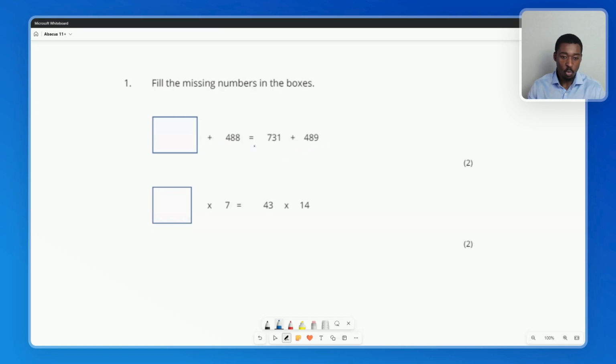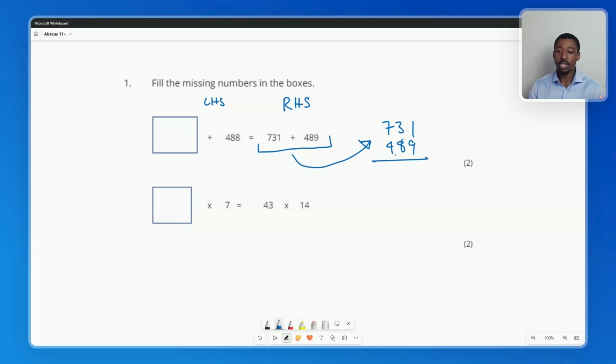So we know that when we see this kind of question, the left-hand side needs to equal the right-hand side. So here we start by working out what the right-hand side equates to. We have 731 plus 489. We can use column addition. It won't be too slow.